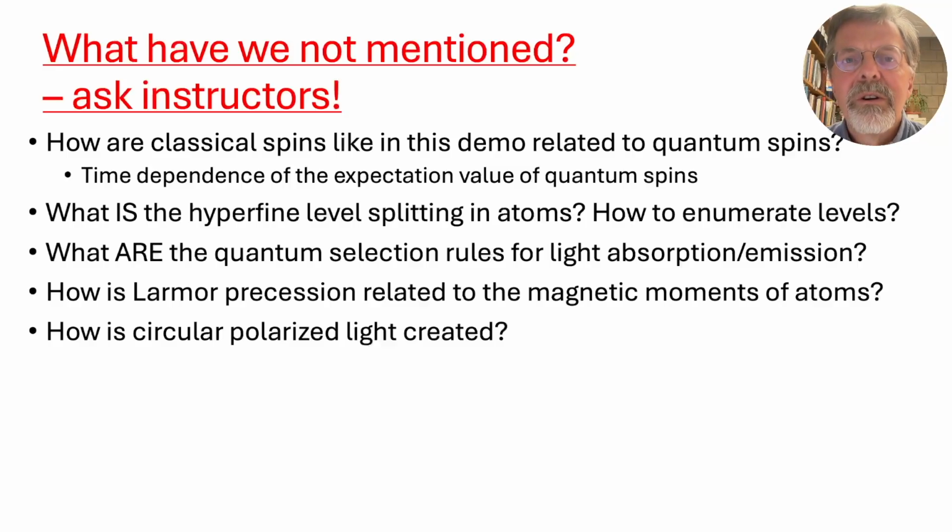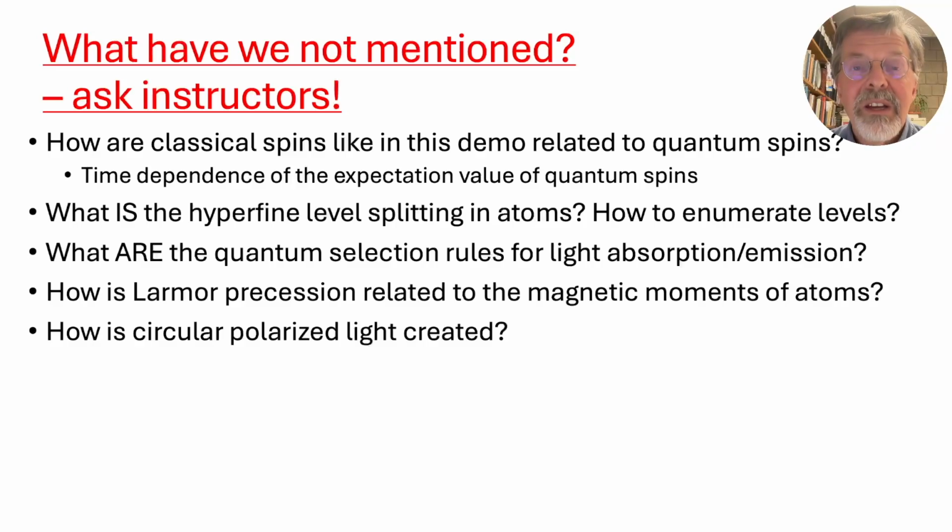This is a faithful representation of the quantum physics in this problem. We haven't talked at all about what the hyperfine level splitting in atoms is, and we don't know how to enumerate those levels. So that's a whole separate thing that you should learn. And we mentioned but didn't explain quantum selection rules for absorption and emission.